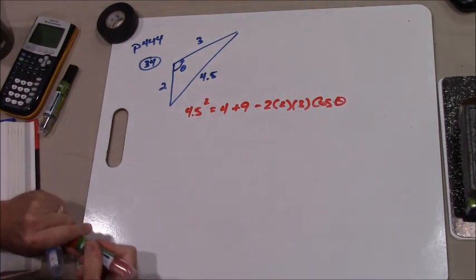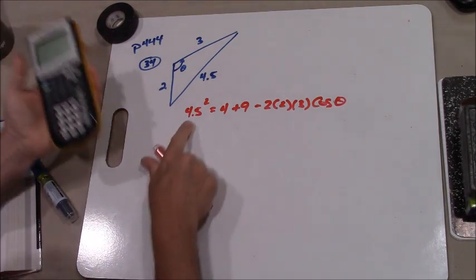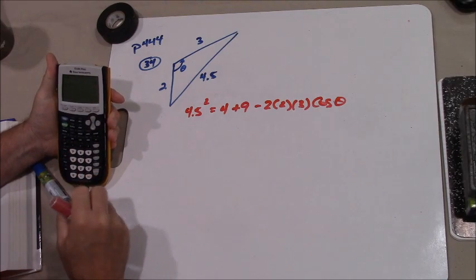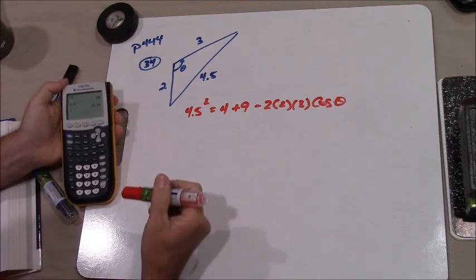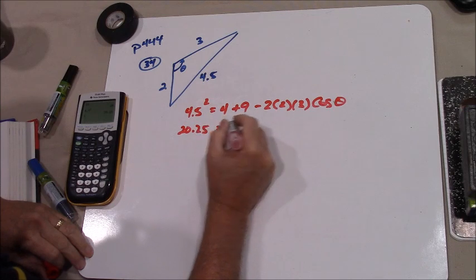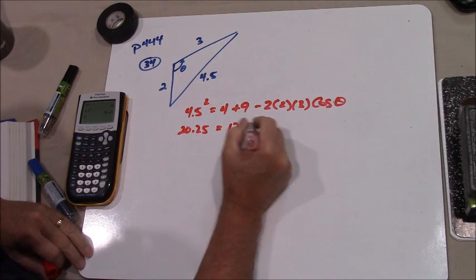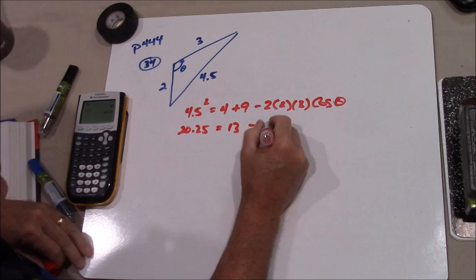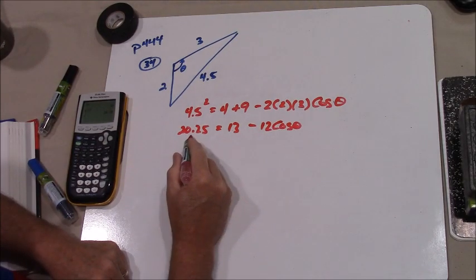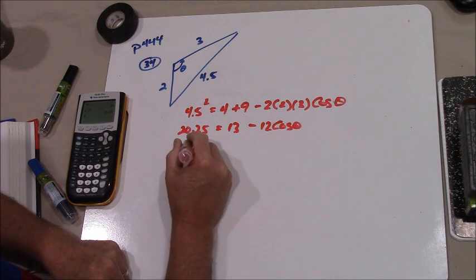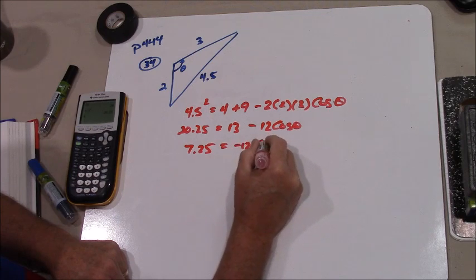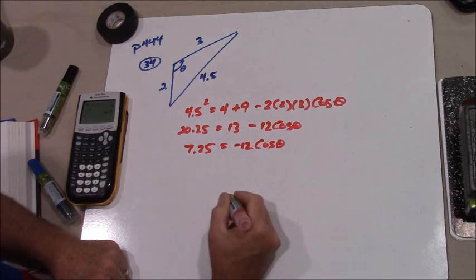Let's see, I'll use my calculator here to square this, and I get 20.25 equals 13 minus 4 times 3, that's 12 cosine theta. I now need to move 13 over here and subtract it. So when I do that, I get 7.25 equals negative 12 cosine of theta.